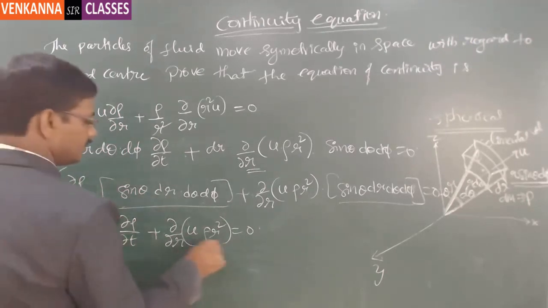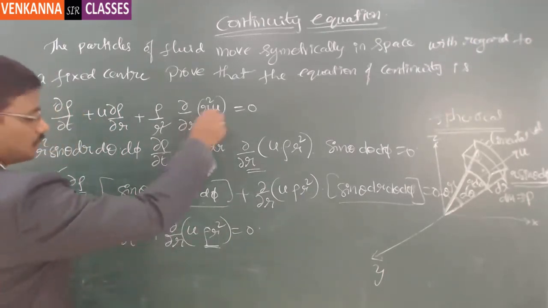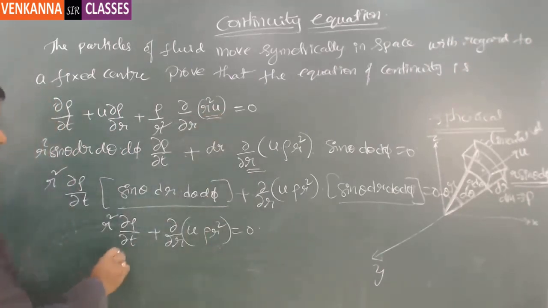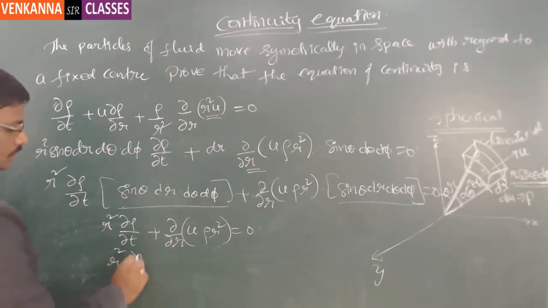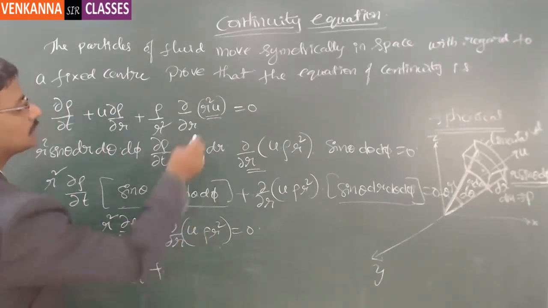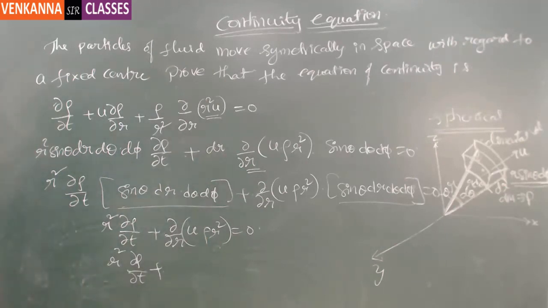So if you take this as a separate function, because actually r square into u and rho are separate, then this will be r square into dou rho by dou t plus, so apply uv formula on this. Yeah, you can keep it as it is.